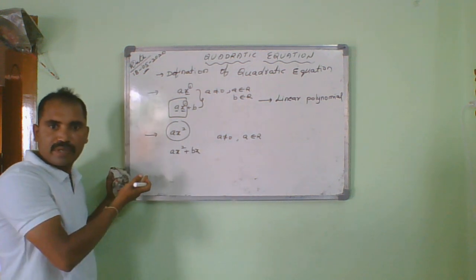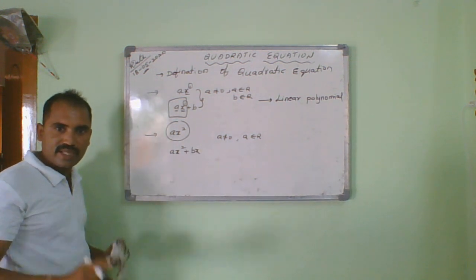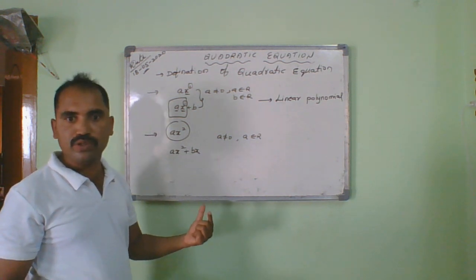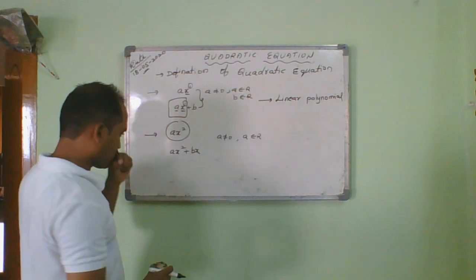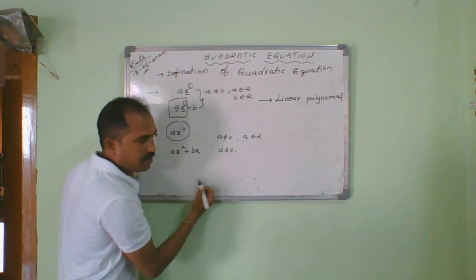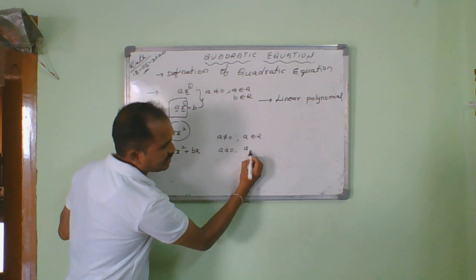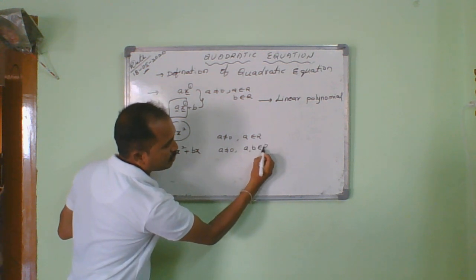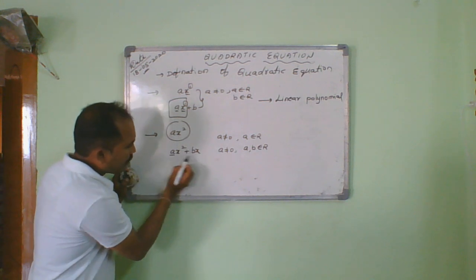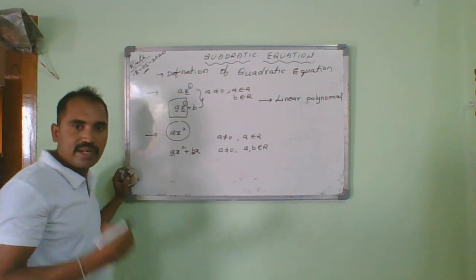All right. Next one is ax square plus bx. This is also a quadratic polynomial. Why? Our intention is the highest power of the variable term should be 2. And the condition is a not equal to 0. And what is the other condition? a, b belong to real numbers. Here a, b are real numbers.